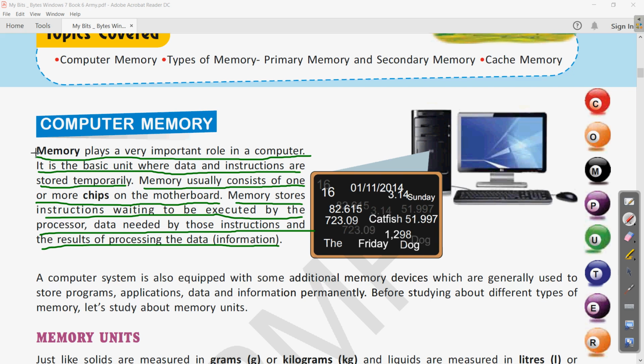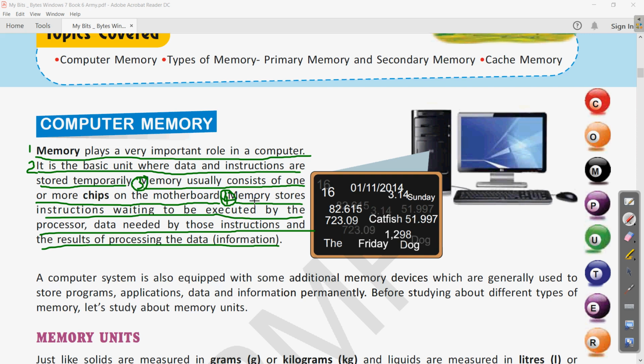Clear? So you have to write each sentence as 1 point. The first sentence is point number 1, the second sentence is point number 2, the third sentence is point number 3, then the fourth sentence is point number 4. I hope this is clear. So you can write the answers point wise, it will be easy as well.